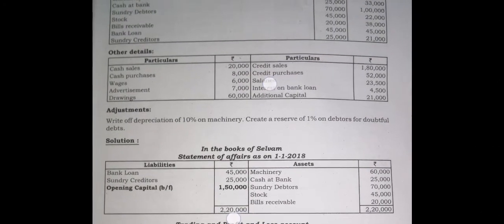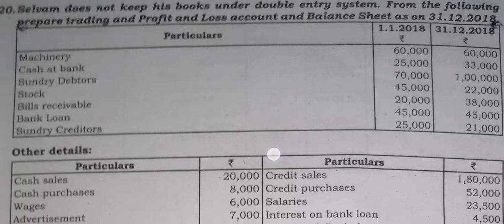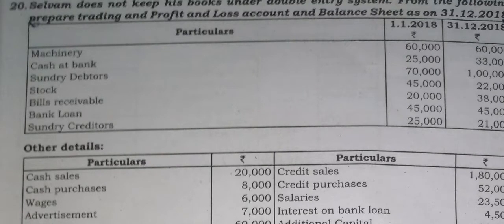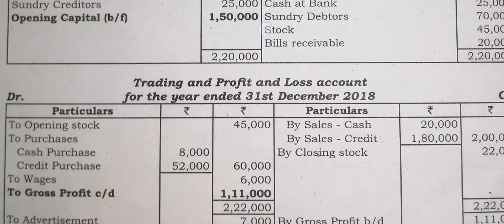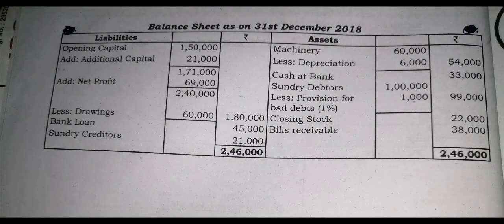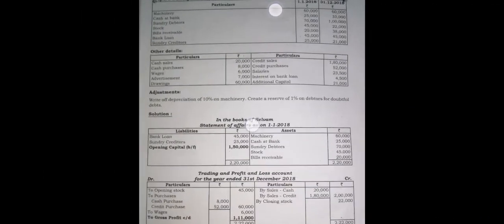Then other items, stock, for which we have to take both opening and closing. Stock opening is 45 and closing 22. Therefore opening 45 and closing 22. The same 22 will be posted on the asset side. See, closing stock 22, if you post it, good. So that item is also over.